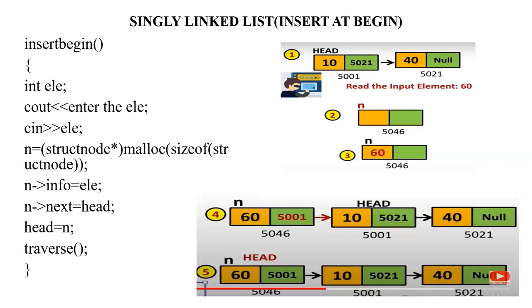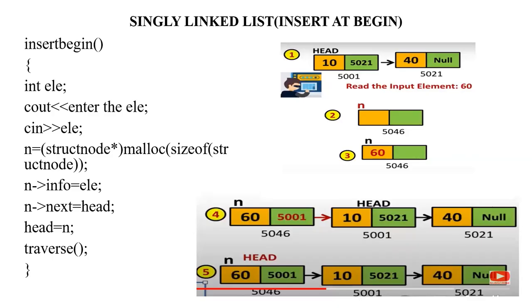So now, how am I going to insert a node? For the data which you are going to insert, first declare that node. After declaring the node, you have to insert the element. And the link part, you have to point to the address of the first node, that is 5001. And the head pointer has to be pointed to the new node which you have created, that is 5046.